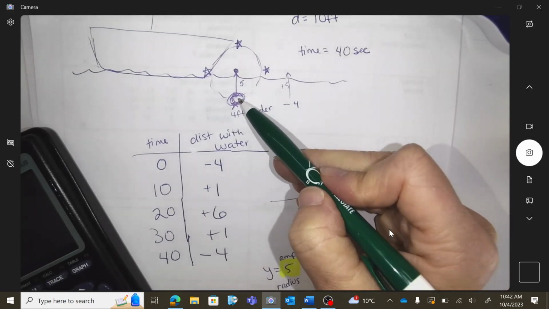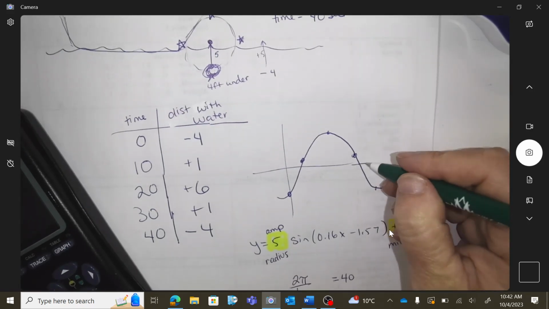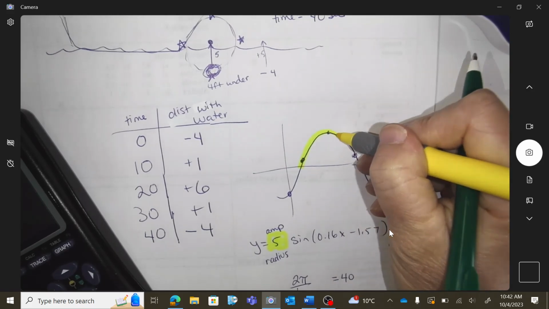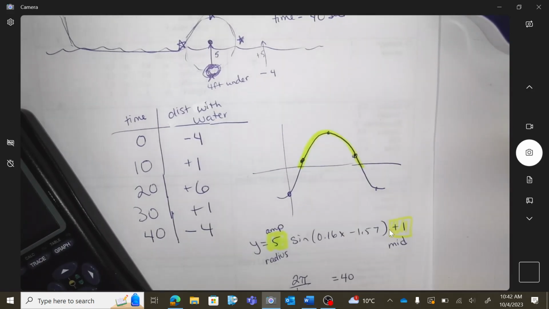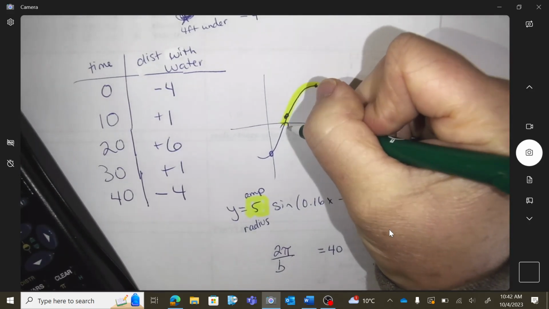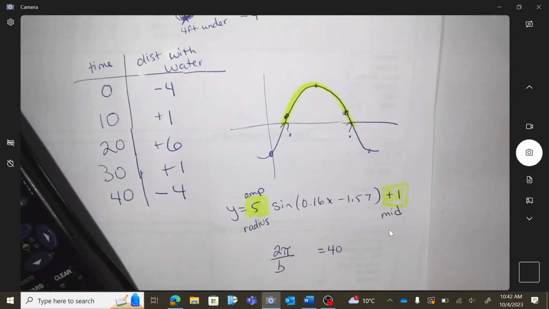If I put a sign there, how long would it stay visible out of the water? So what are you going to do? You're going to understand that this part of the graph is where it would be visible. So I need to find those, which I heard was calculating the zeros this time.